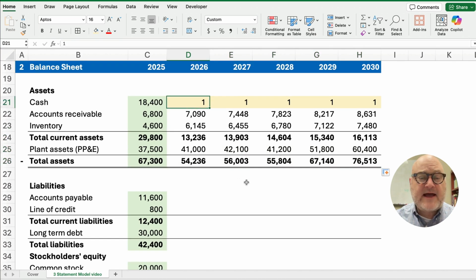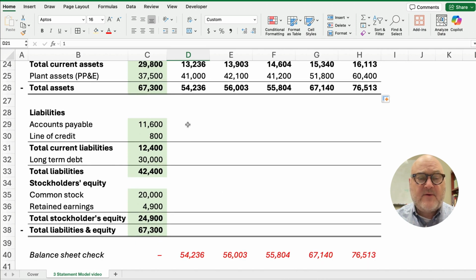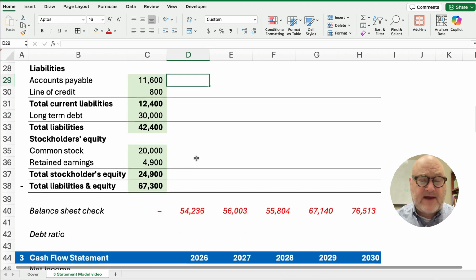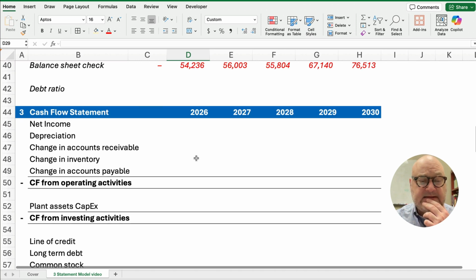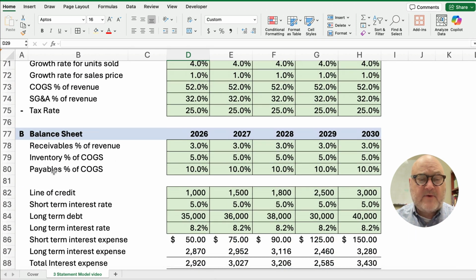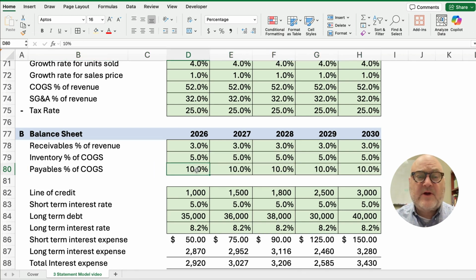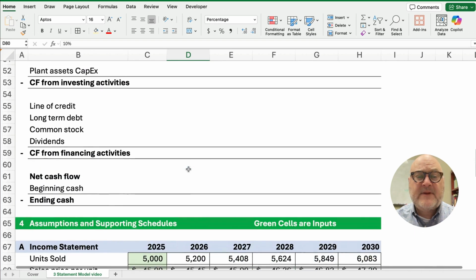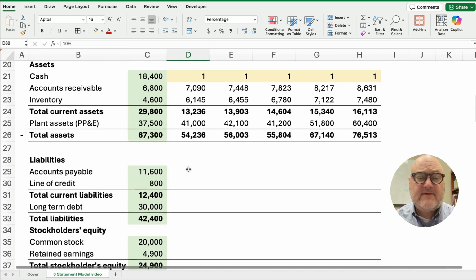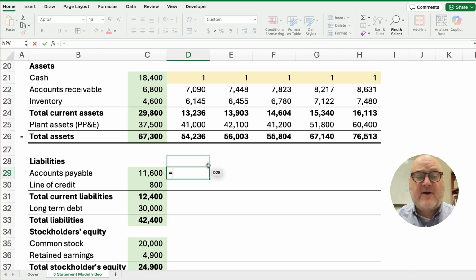We need to figure out our cash balance. We can do that here in a little bit. We're going to do the same thing with accounts payable, and we have our line of credit calculation. So our payables, we're going to say it's 10%. So we're going to go to column D, D80. We could do that. So we can say for our accounts payable, it's going to be a percent of cost of goods sold.